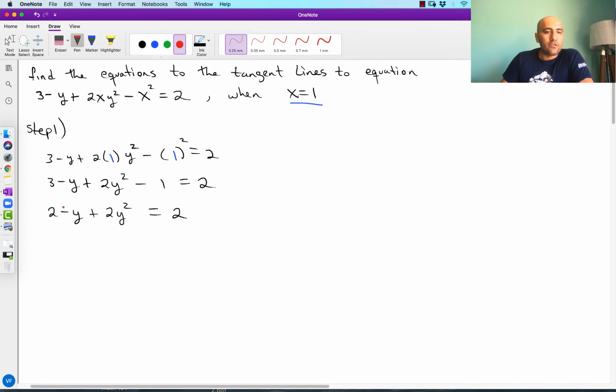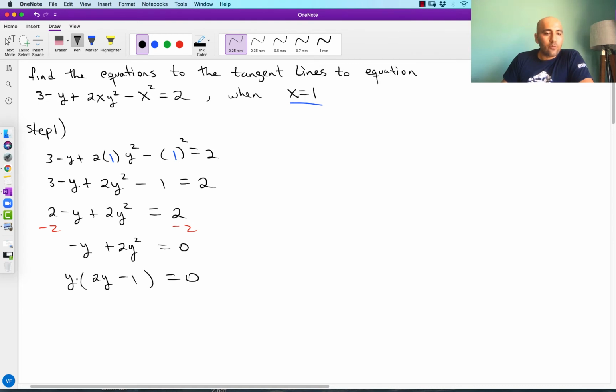If we subtract 2 from both sides, we get minus y plus 2y squared equals 0. If we flip that around and factor out a y, we get y times (2y minus 1) equals 0. If I distribute, I get 2y squared minus y, and that's what this is.